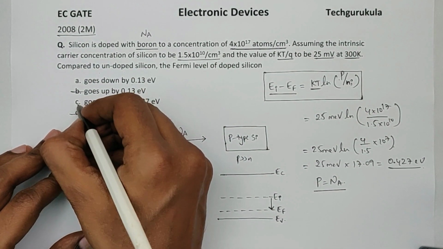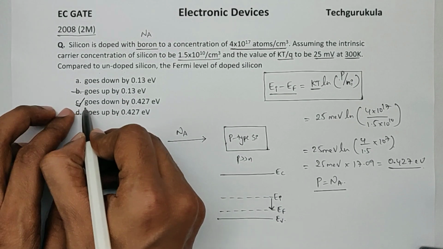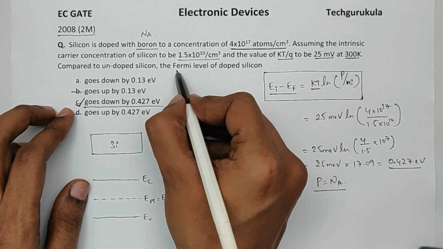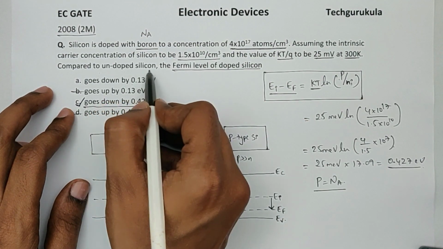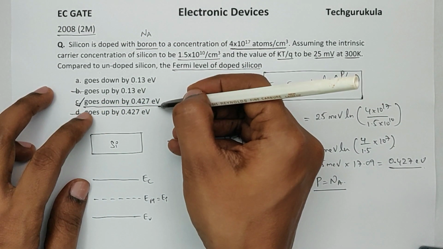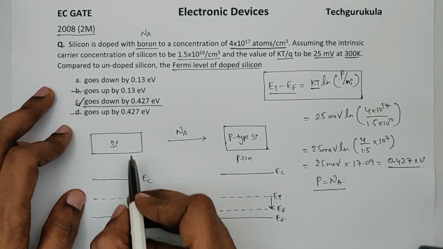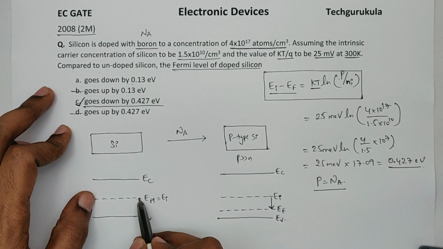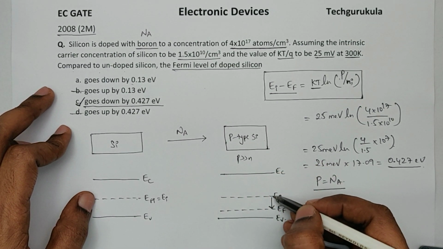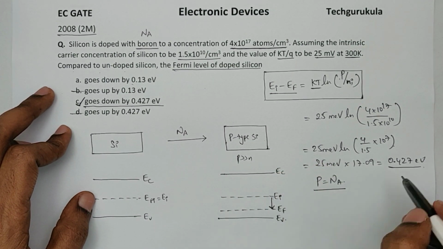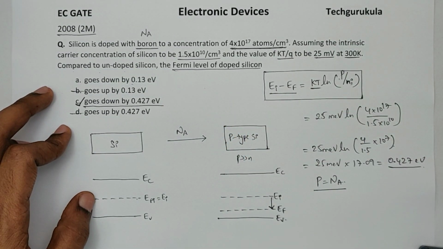So we can see here the Fermi energy level of doped silicon compared to an undoped silicon would go down by 0.427 electron volts. So we are seeing here intrinsic semiconductor, which is undoped. Compared to this, for p-type semiconductor, the Fermi energy level would go down here with respect to this concentration by 0.427 electron volts.